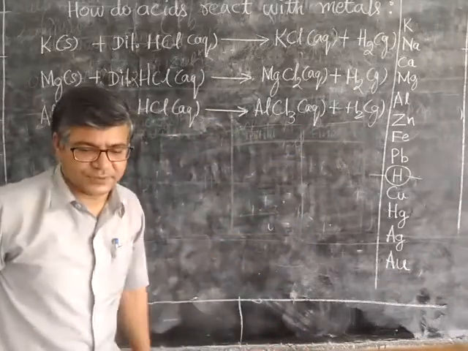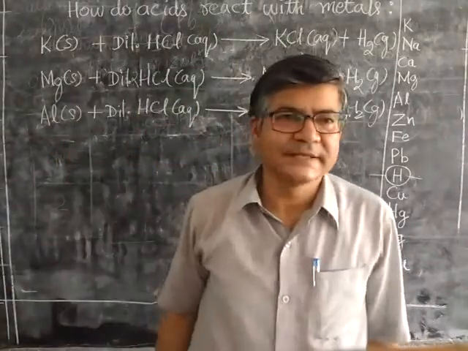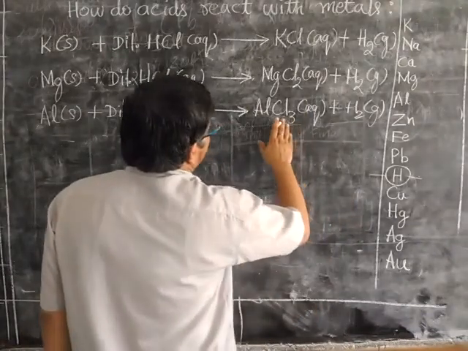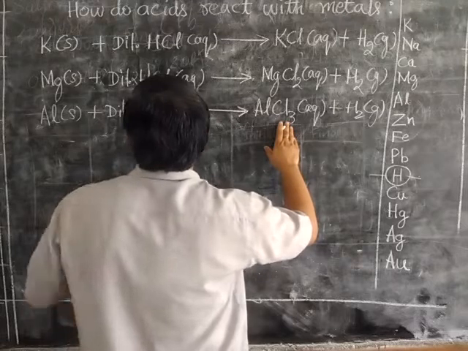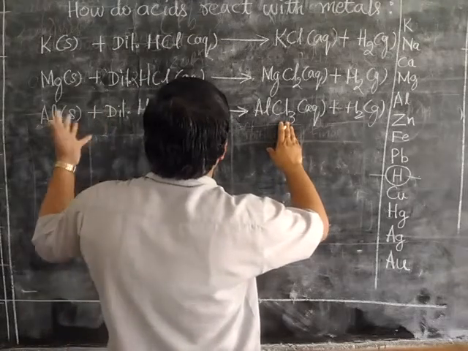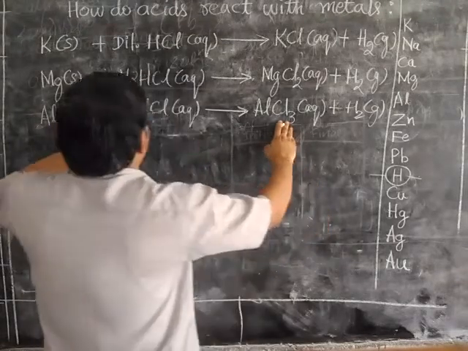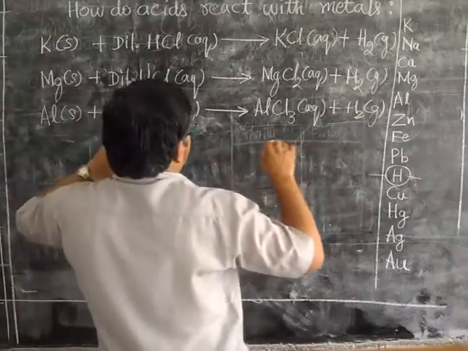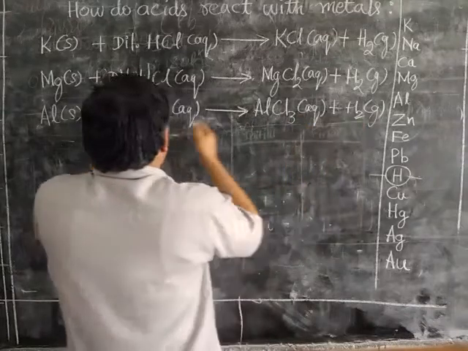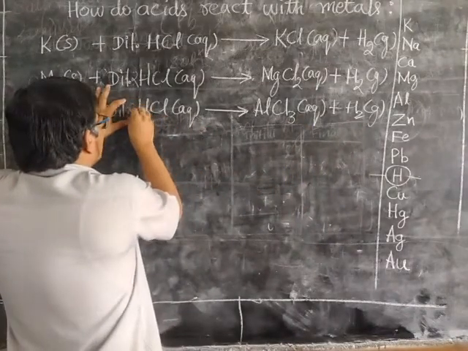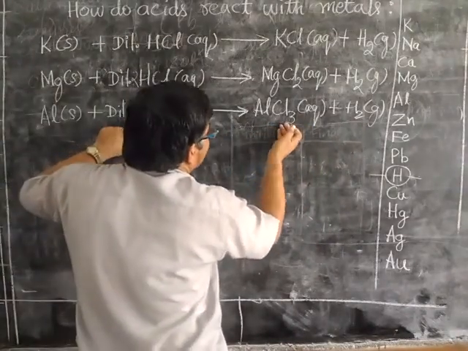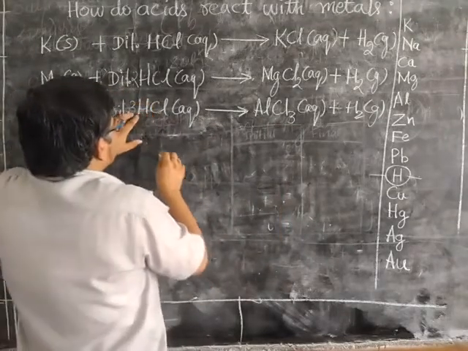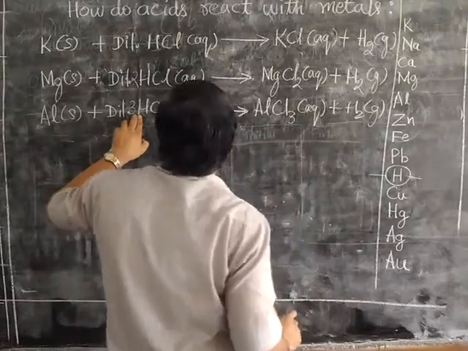Now let's balance this equation. You already know how to balance equations, so let's recall once again. We have 3 chlorine atoms and to the left we have only 1 chlorine atom, so we have to balance it. Moreover, we have 2 hydrogen. Now, if we write 2, then how are we going to balance chlorine? In case we are writing 3, how are we going to balance hydrogen?